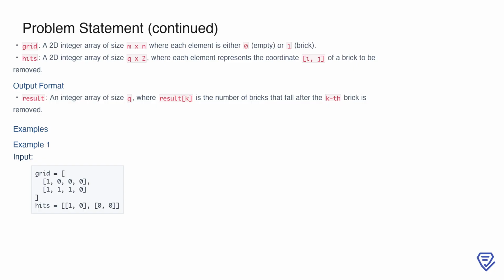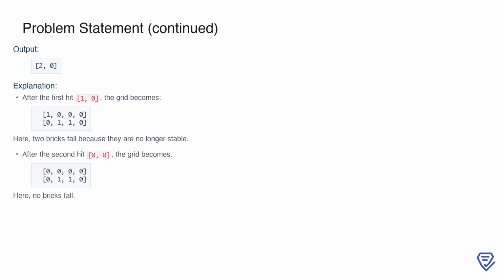To clarify these concepts, let's look at some examples. In the first example, the input grid is a 2D array with 2 rows and 4 columns. The grid is given as [1, 0, 0, 0], [1, 1, 1, 0]. The hits array specifies 2 brick removals at positions [1, 0] and [0, 0]. After processing the first hit at position [1, 0], the grid changes to [1, 0, 0, 0], [0, 1, 1, 0].